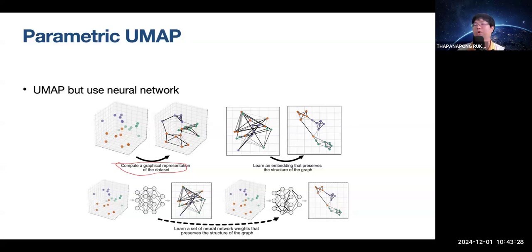So you can upgrade from just doing it normally and try to use a neural network. All these methods, you can actually use a neural network if you can find a way to fit that in. But most of the time, people will still use the mathematical formula because it's easier to compute.